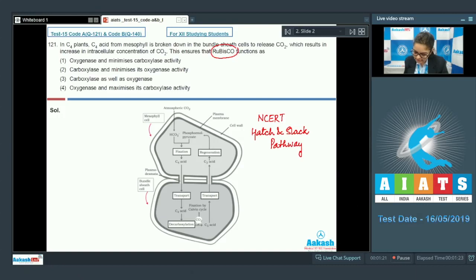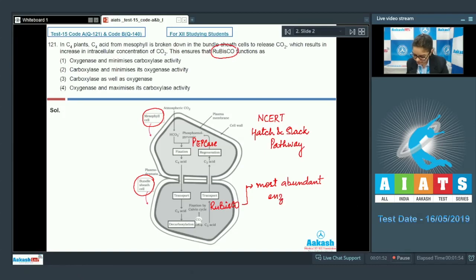It is simply representing the association of mesophyll cells and bundle sheath cells during the pathway, and we know that in mesophyll cells there is presence of the enzyme PEP carboxylase, right? And in the bundle sheath cells there is presence of the enzyme Rubisco. But this Rubisco is known to be one of the most abundant enzymes.